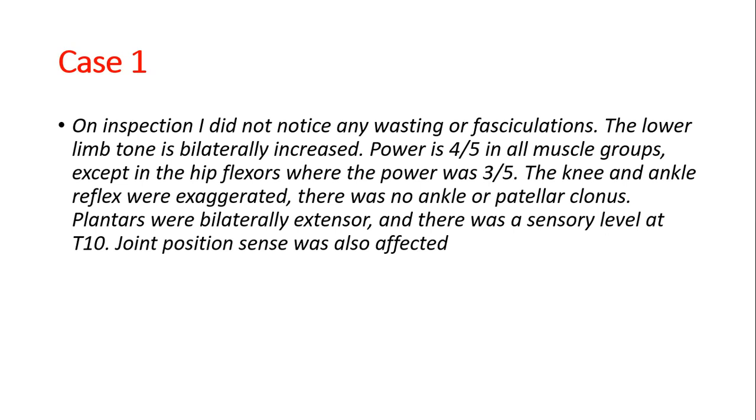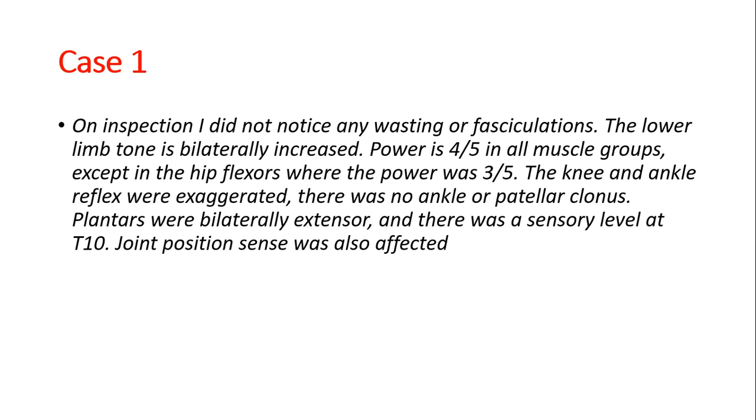If there is a sensory level, very simple, you can say the lesion is at the top of the sensory level. Say, for example, you have a patient with bilateral upper motor neuron paraplegia, arms not affected. Now you know the lesion has to be above L1 and below T1. Then when you examine the sensory, you find a sensory level at T6. That is the level of the lesion.